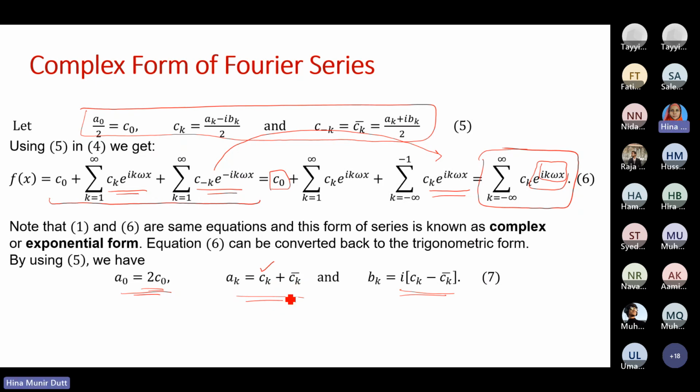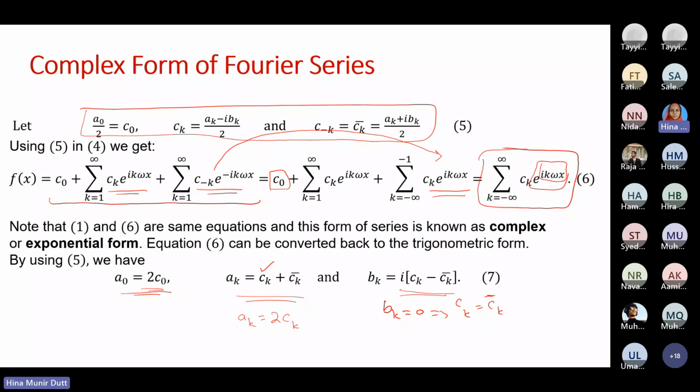If I look from here, BK is equal to 0, BK is equal to 0 means this CK is equal to CK conjugate. When CK is equal to CK conjugate, then this AK is equal to 2 times CK.